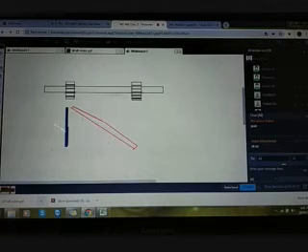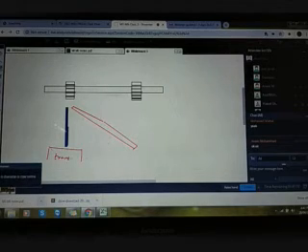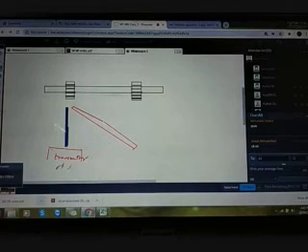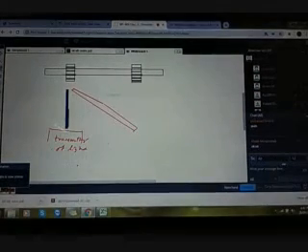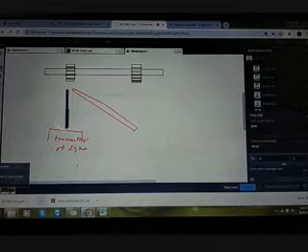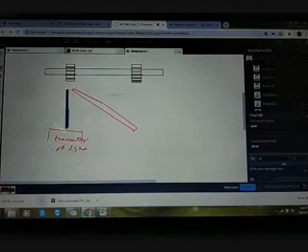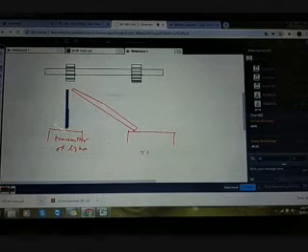One optic cable is the transmitter of light and the other is the receiver of light.